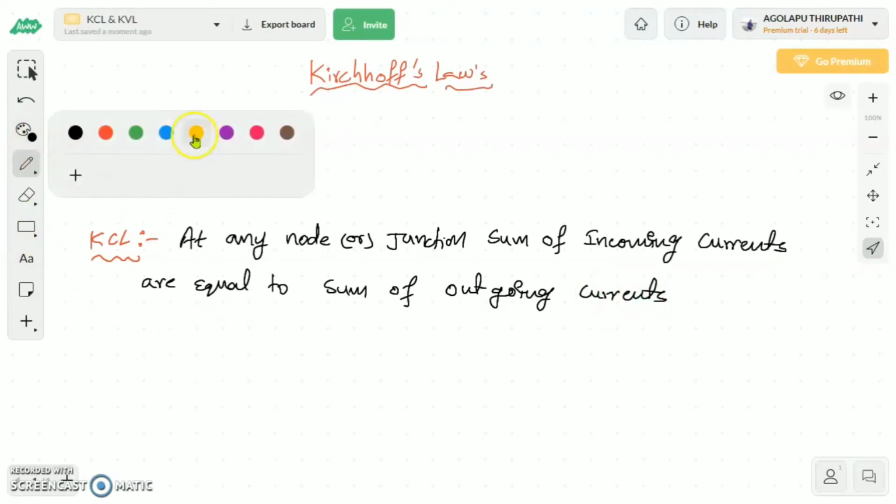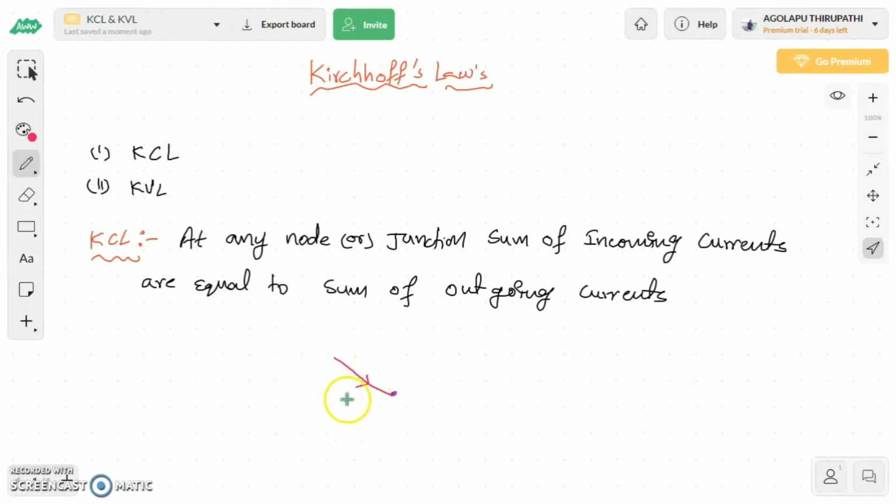So here I am taking one node. Node is nothing but a point, a junction. I am assuming 3 incoming currents for this node: I1, I2 and I3.